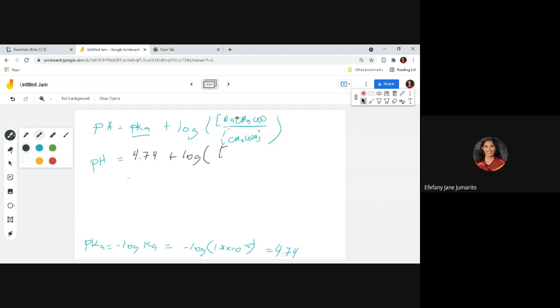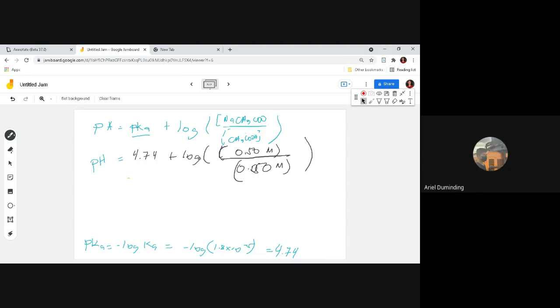What is the concentration of your base? That's 0.50 molar over 0.50 molar.